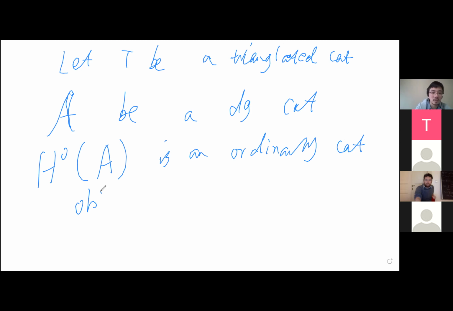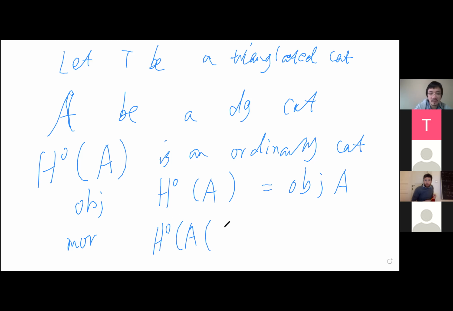The objects of H0A are the objects of A itself, but the morphisms H0A(X,Y) are defined from A(X,Y). This A(X,Y) is a cochain complex. That's the definition of DG category.